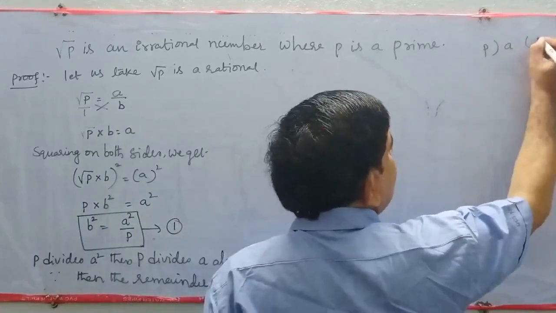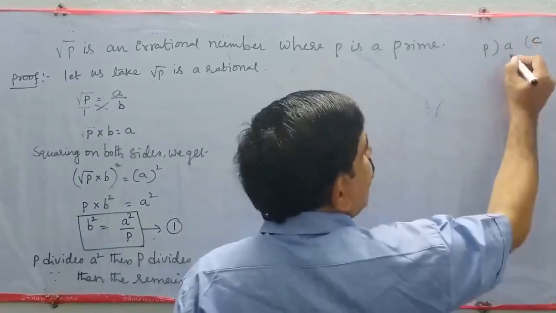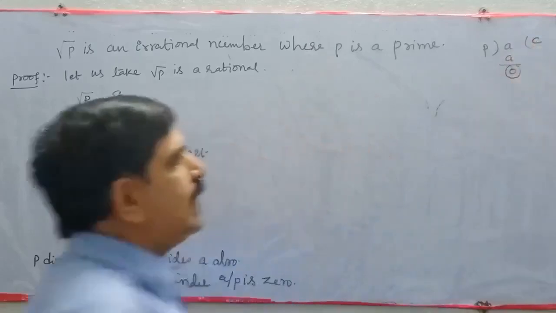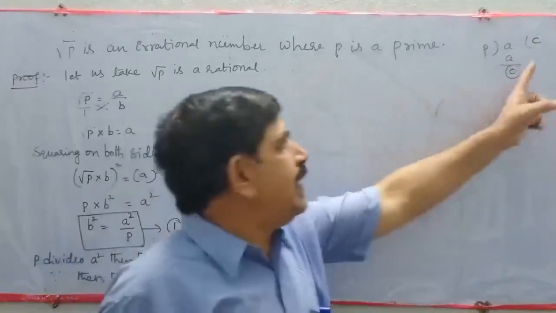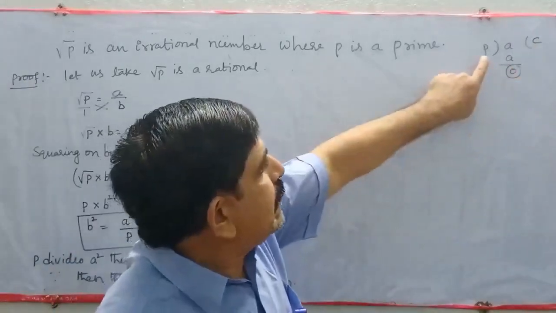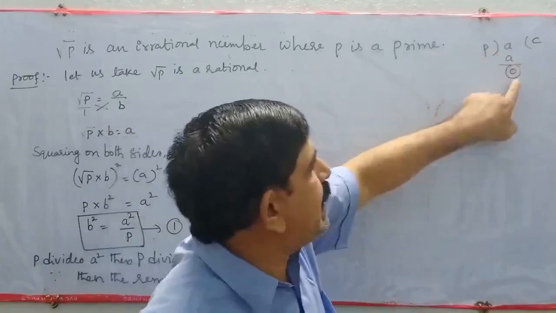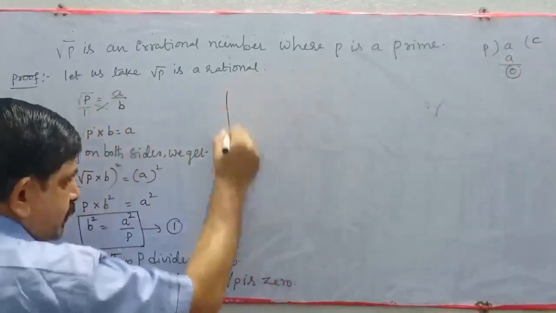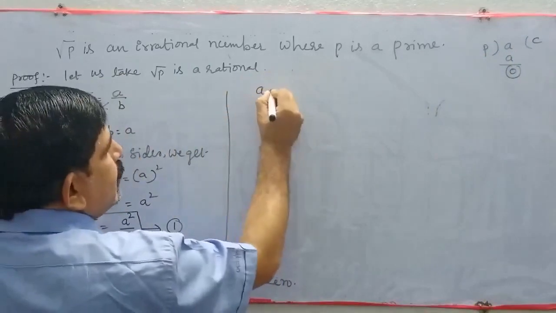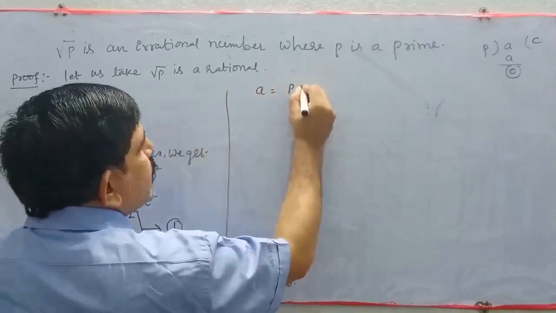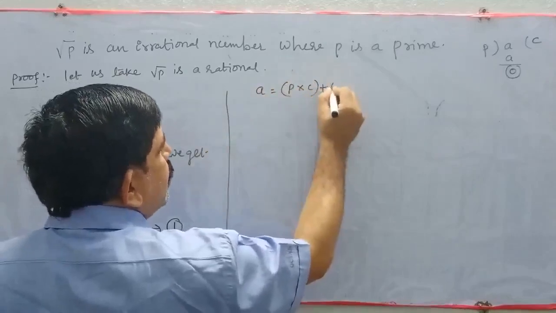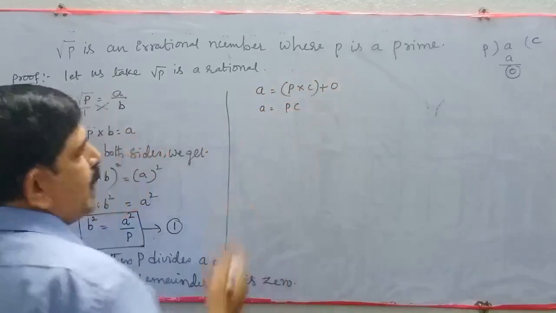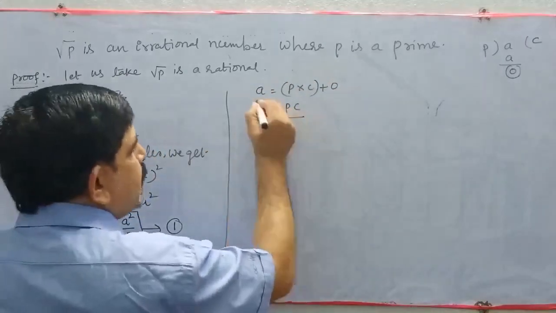Let that quotient be C, and the remainder is 0. According to the division rule, divisor into quotient plus remainder is equal to dividend. That means A is equal to P into C plus 0. So A is equal to PC.